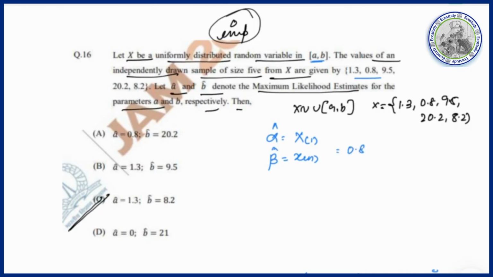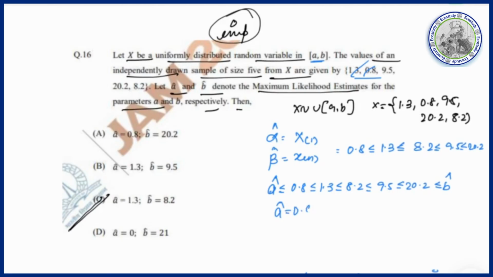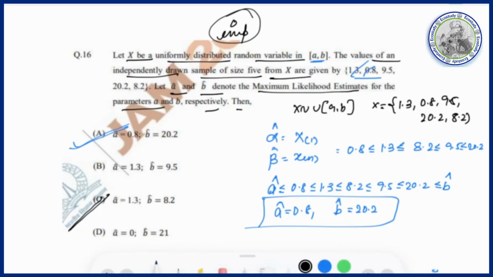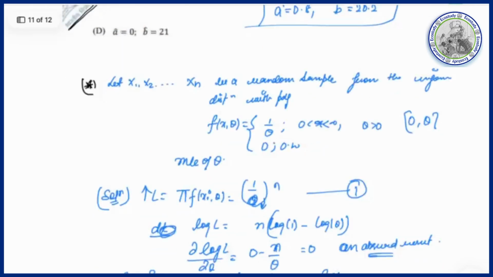When you arrange it, what do we have? 0.8, 1.3, 8.2, 9.5, 20.2. So a is 0.8 and b is 20.2. If you know the concept, you will get the answer correctly, and the correct answer is the first one. I hope you understand. Okay, thank you.